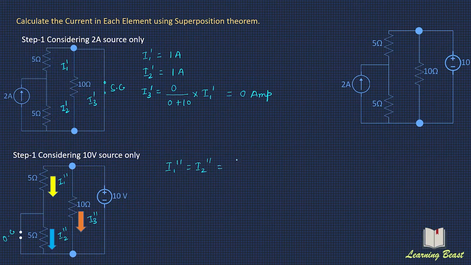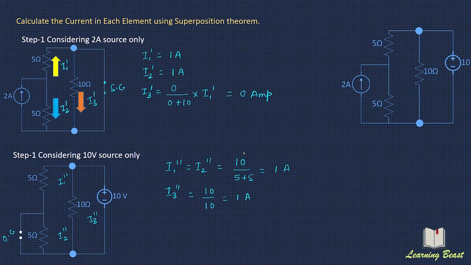So this is equal to 10, which is the voltage, divided by resistance 5 plus 5. Both are in series, so the current will be 1 ampere. Now we will calculate the value of I3 double dash, which is equal to 10 divided by resistance, equal to 1 ampere.